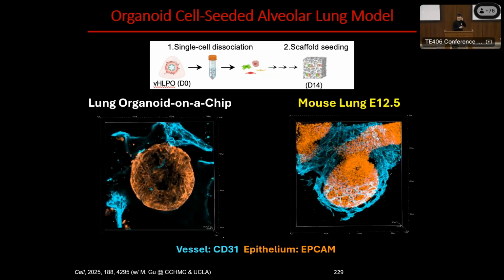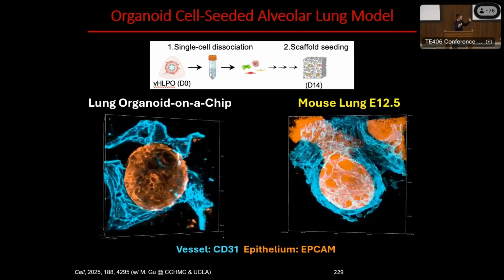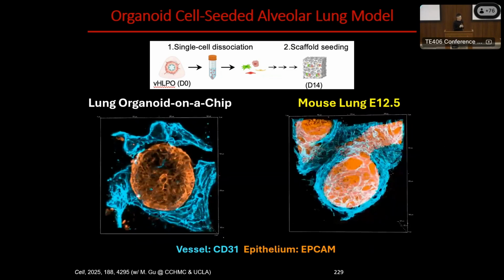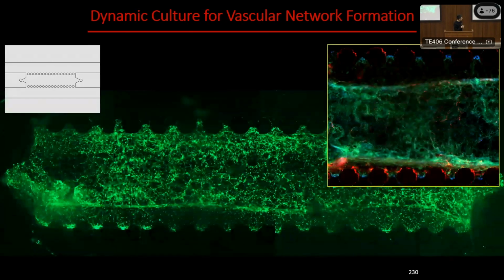So that's one update, which is reseeding the cells on top of the scaffold system. But we have also been working very diligently on creating a chip device that allows you to vascularize the lung model at a larger scale. This is a canonical multi-chamber chip device that has all these different posts to allow sterilization.